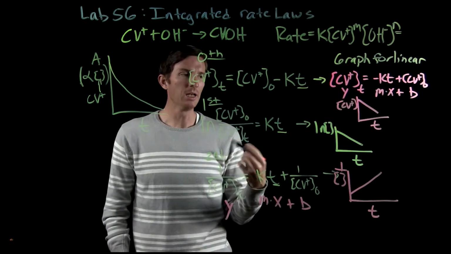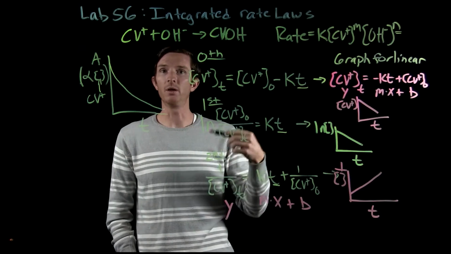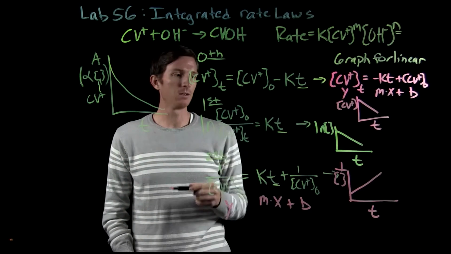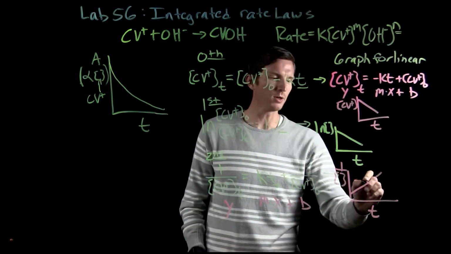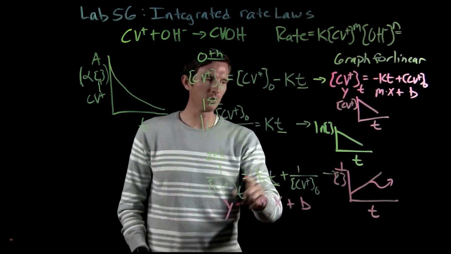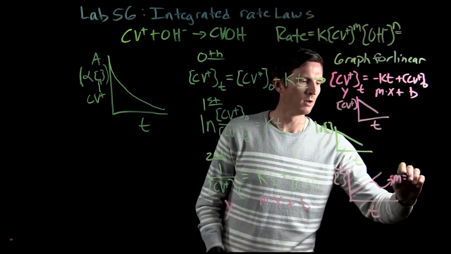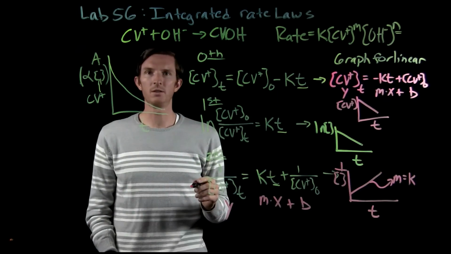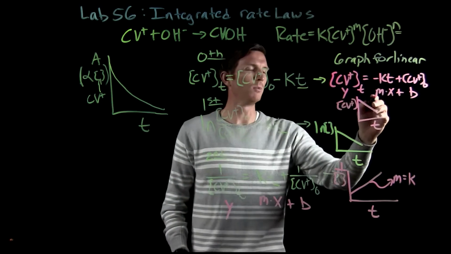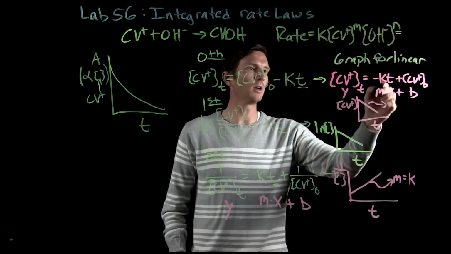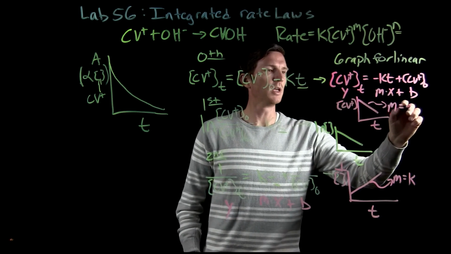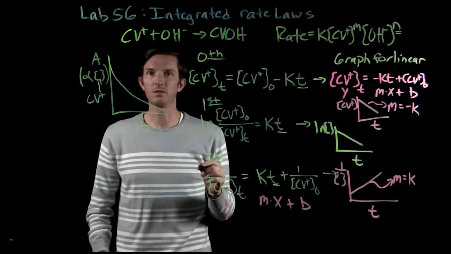The reason for that is the relationship between our rate constant and these curves. For this one here, going back to this, our slope is equal to our rate constant. For this one here, going back to here, our slope is equal to the negative of our rate constant.